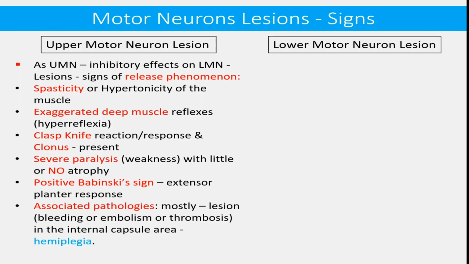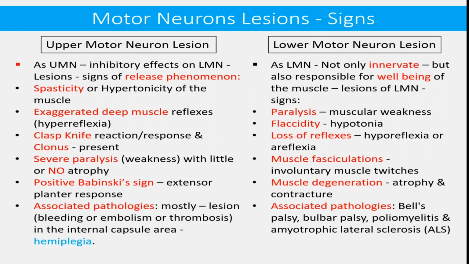In addition, severe paralysis is present with no atrophy at all. Positive Babinski's sign is present in the shape of extensor plantar response. Associated pathology mostly is the lesion in the internal capsule area, leading to production of hemiplegia.